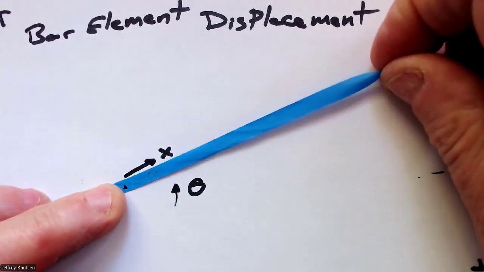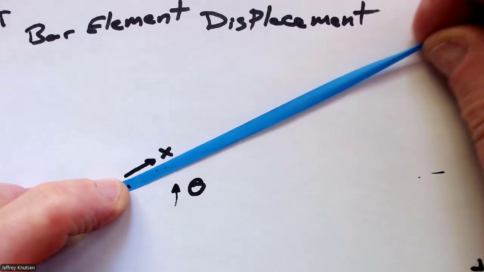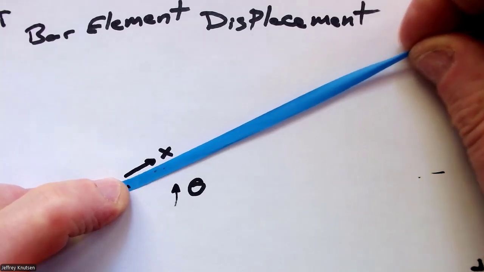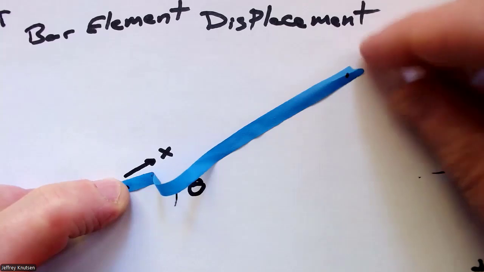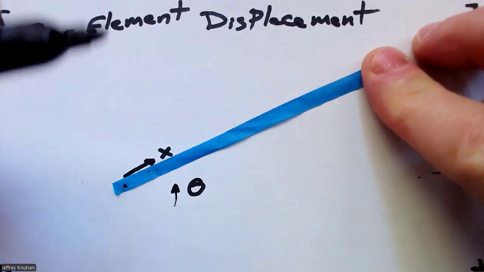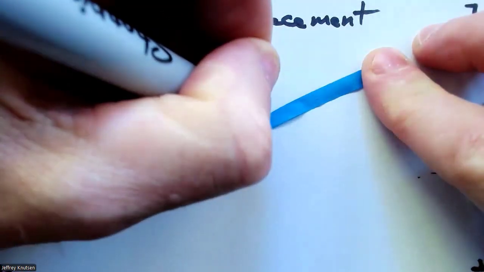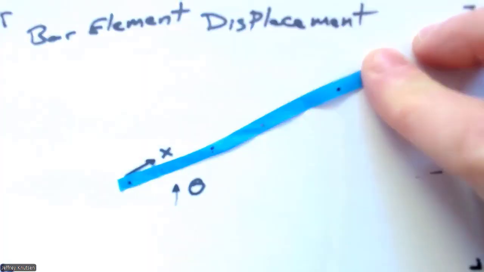So if I take node 2 and I displace it in the positive x direction, node 2 will be displaced a certain distance. Take a look at node 1 though. Node 1, my left finger, does not displace at all. Another thing I want to do is draw a couple more dots on my bar element along the length of it. So we've got a dot at that location, another one at that location, let's draw another one here.